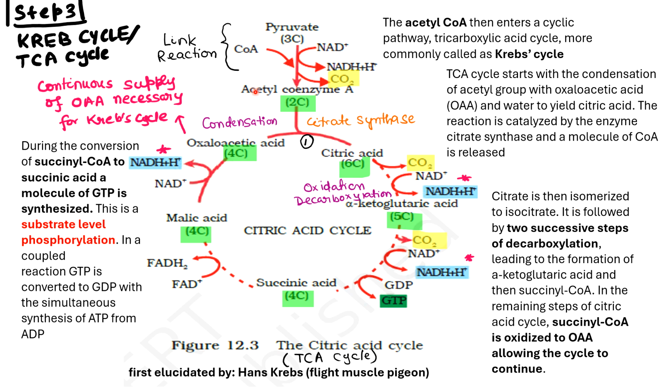Now, the acetyl coenzyme A, the 2-carbon compound, which was formed in the link reaction in the mitochondrial matrix, undergoes a condensation reaction with 4-carbon compound, that is oxaloacetic acid.